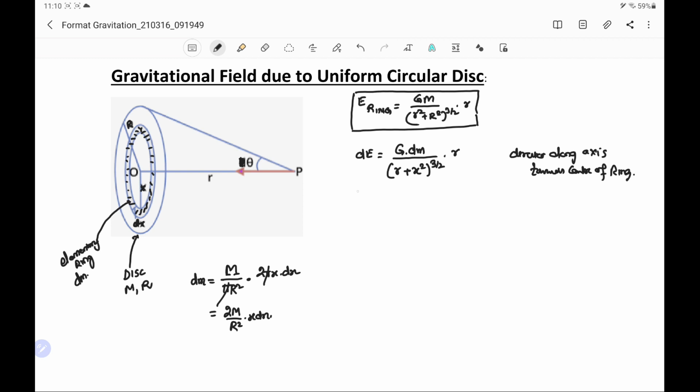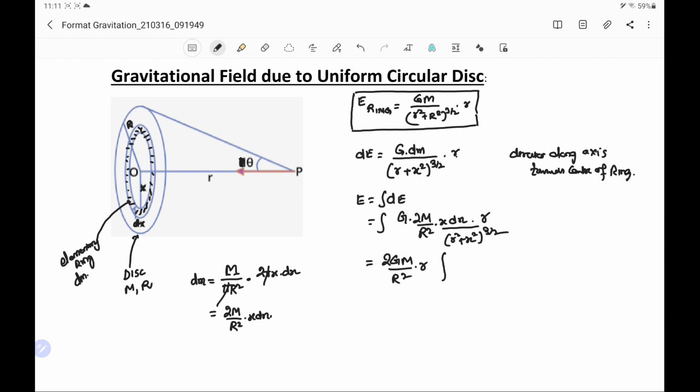That's why the final gravitational field will be equal to the integral of dE, and replacing this dE with G into dm, where dm is 2M by R square into x dx. Then r, this r, and the remaining is r square plus x square raised to power 3 by 2. Now we take out the constant terms. So this is 2GM, this is a constant, upon R square, it is also constant, small r is also constant.